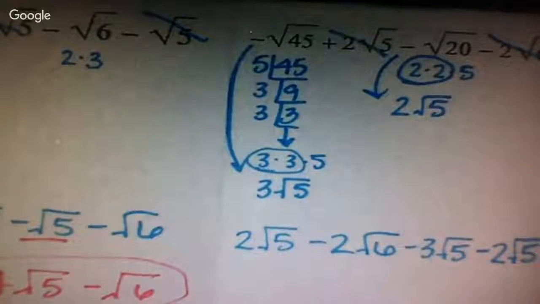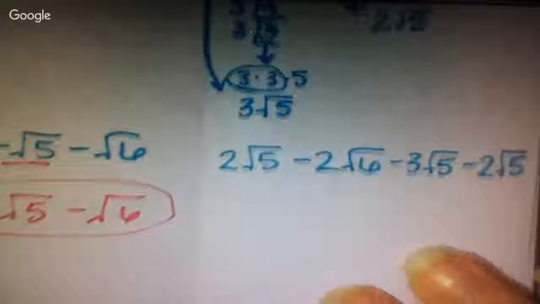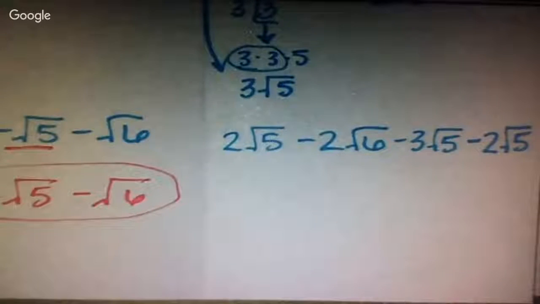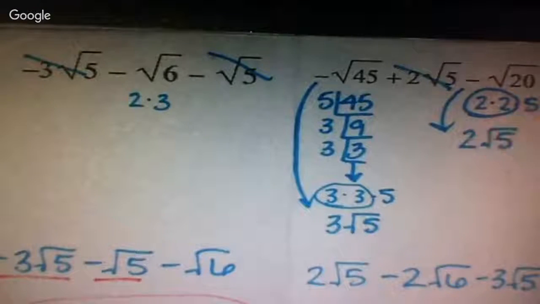So would it be -2 square root of 5 minus 2 square root of 6? Fantastic, Rebecca. Rebecca just noticed I've got +2 square roots of 5 and -2 square roots of 5. Well, that's opposite, so they cancel. Yes, we took the 2 that we pulled out front and multiplied it by the -1 to get your -2, because you've got negative square root of 20.